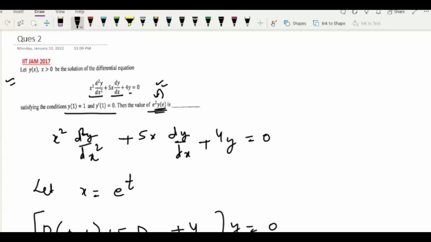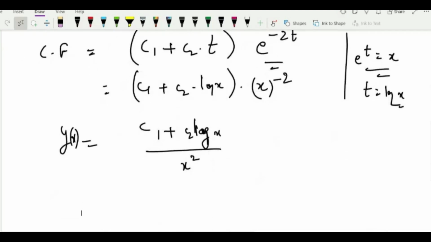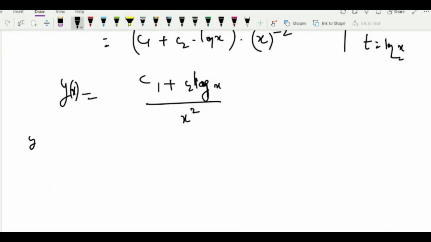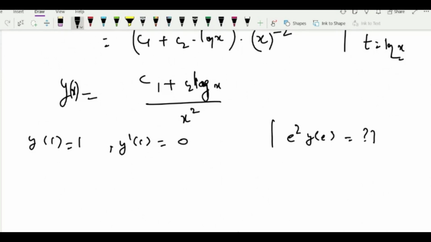But in this solution, the initial conditions are also given: y(1) is equal to 1 and y dash 1 is equal to 0. And we have to find the value of e square y of e. Simply, we have to do the derivative also.